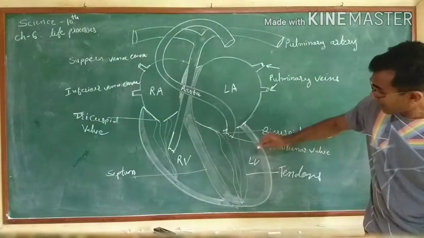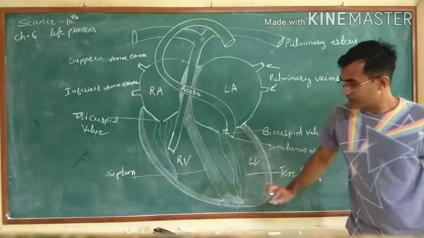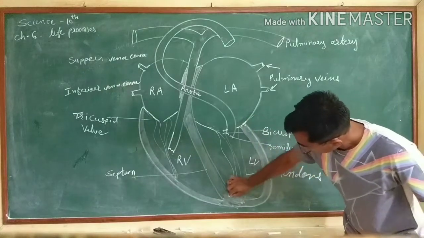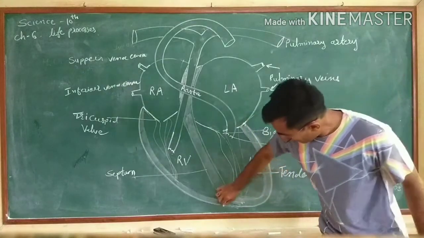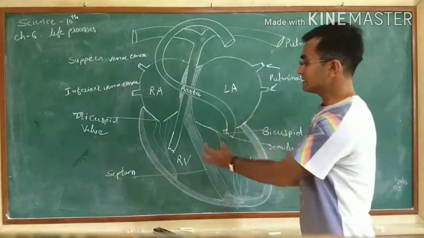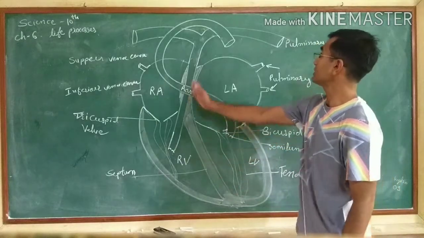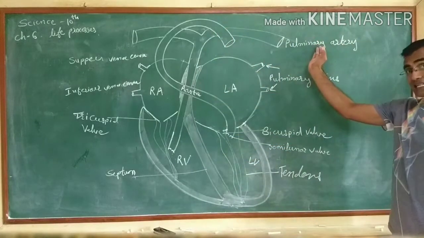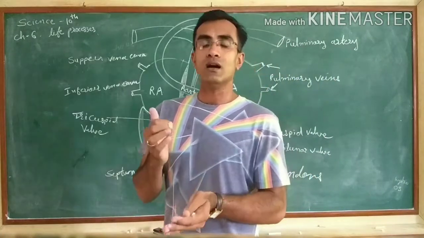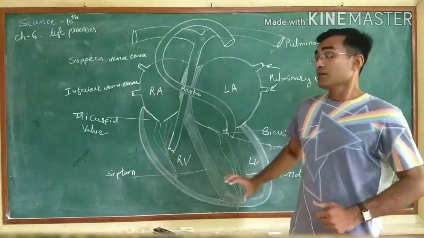Now, look at this structure. There is a little thinner septa over here, and on this side it is thicker. Why is it so? Because from this compartment, blood will flow into the pulmonary artery and go to the lungs, which are close to the heart. There is no longer way to go to the lungs.